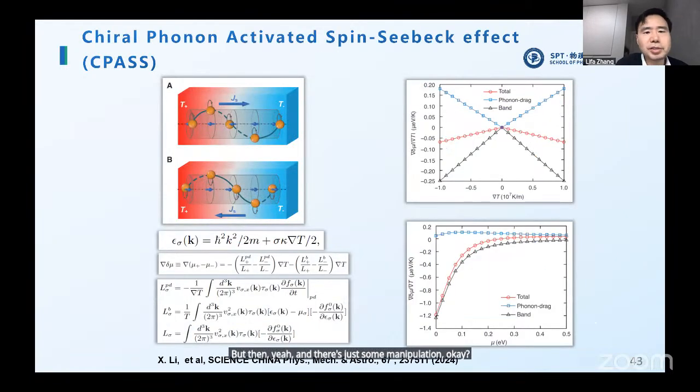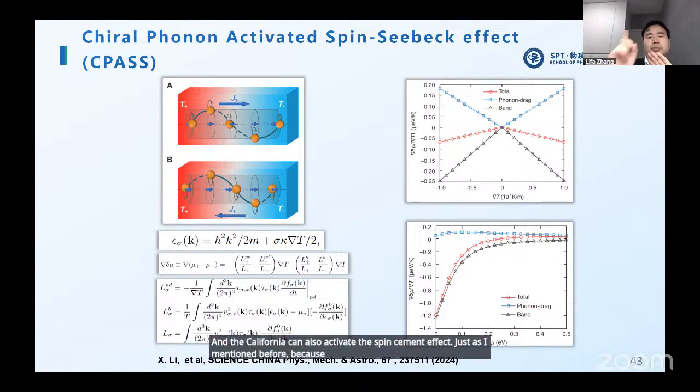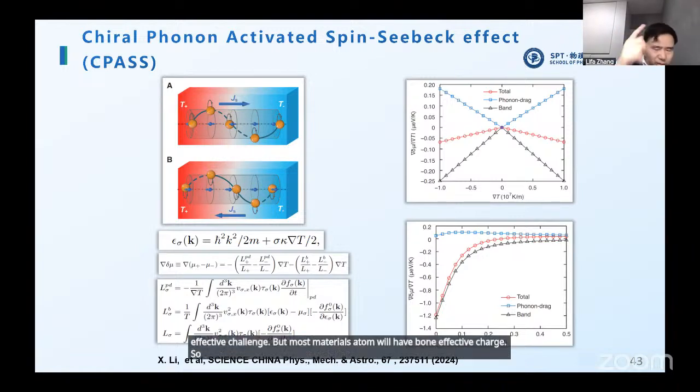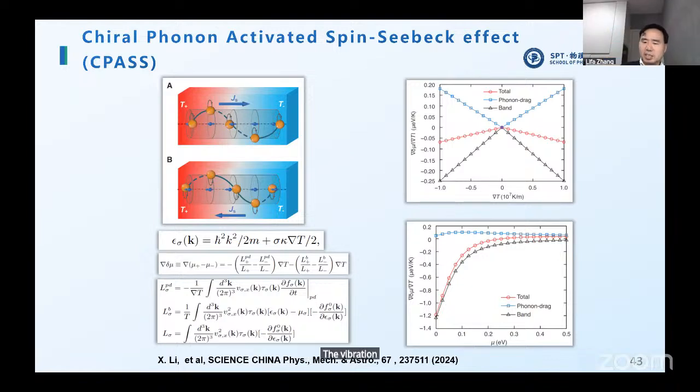And the phonons can also activate the spin feedback effect. Just as I mentioned before, angular momentum comes from circular polarization. Most materials' atoms have Born effective charge. So from this picture, we know that the vibration will have magnetization locally.